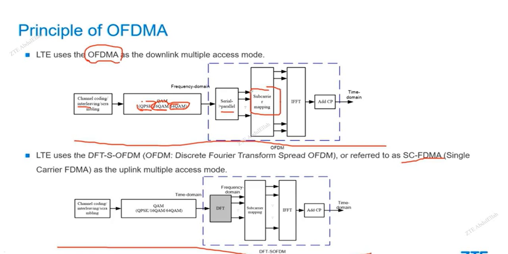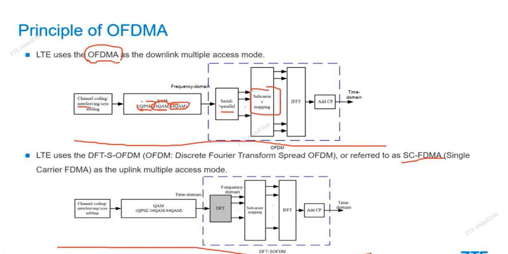So you can use 18 megahertz divided by 15k hertz. The result is the number of total subcarriers, which I think is 1,200. Each subcarrier is like one resource. Actually, our data is transmitted by each subcarrier.